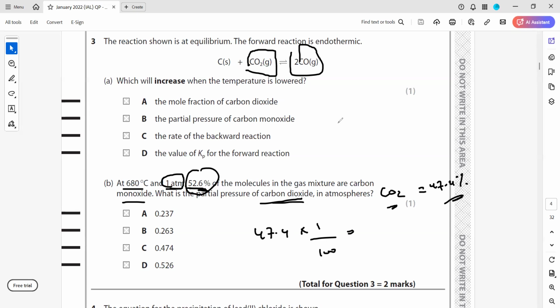It's the same thing as 47.4 divided by 100 times 1. So C will be the right answer.